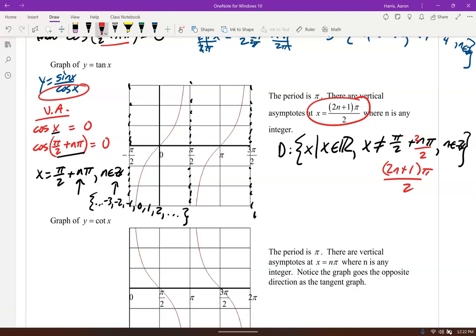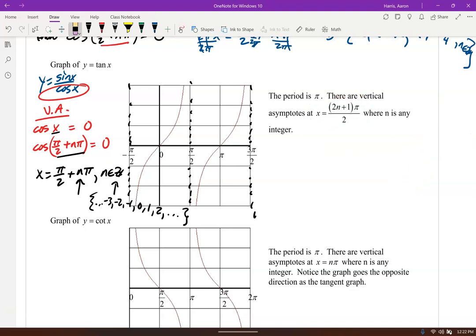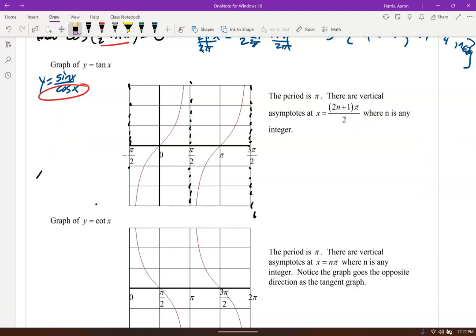So now, how about plugging some points in? So let me erase this and let's get into the points. And let's plug some points in. So let's go between negative pi halves and pi halves. Let's plug in pi 6 first, then we'll plug in pi 4ths, then we'll plug in pi 3rds.